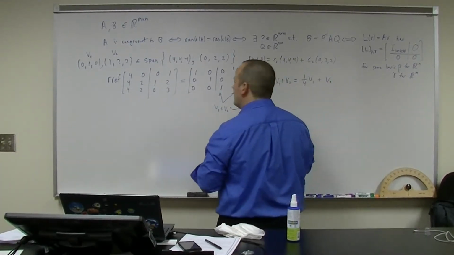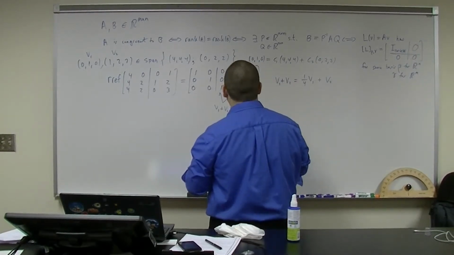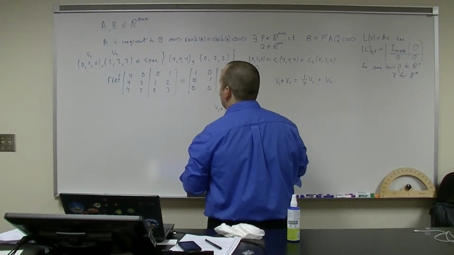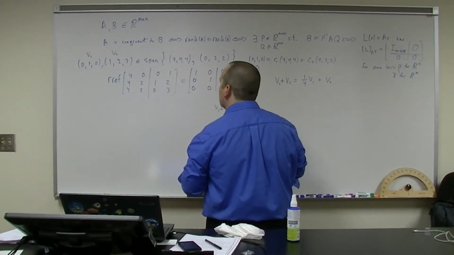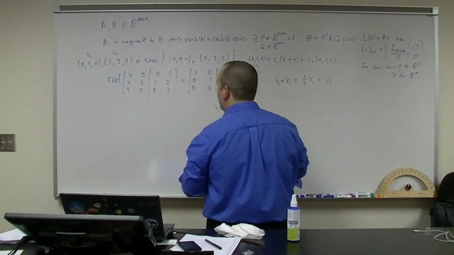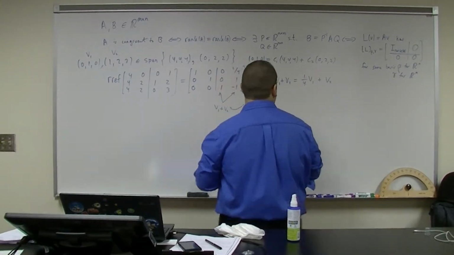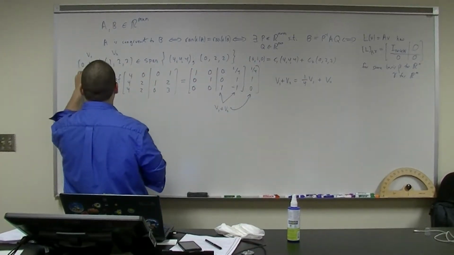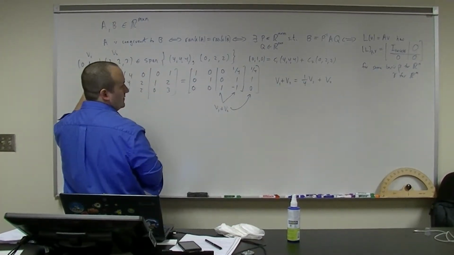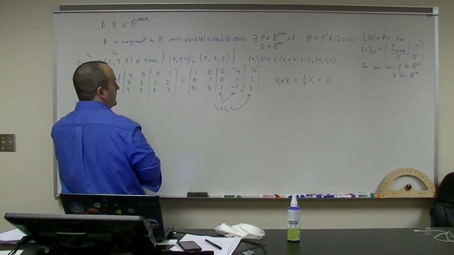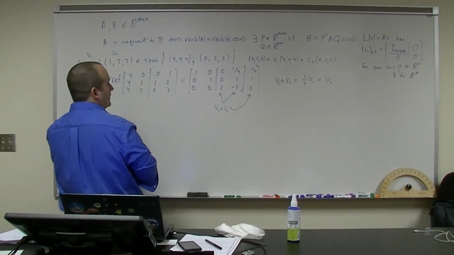Is that right? Weird. Is that right? Yeah. Because it would be 1, 3, 3. V1 plus V2 is 1, 3, 3. And then 1/4 would be 1, 1, 1 plus 0, 2, 2. Should be 1, 3, 3.